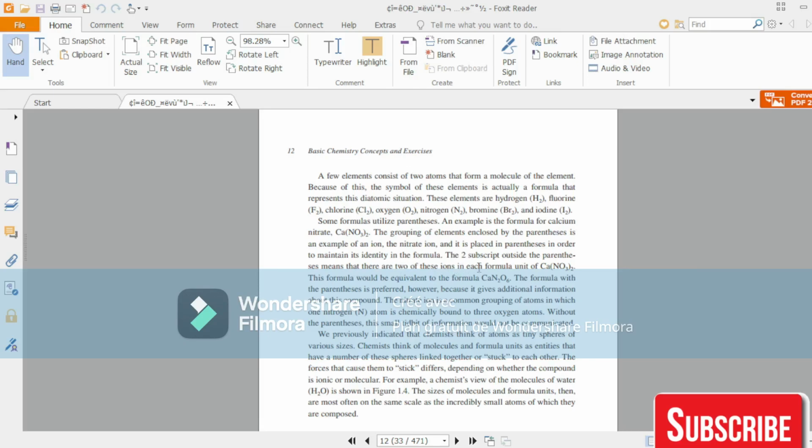The 2 subscript outside the parentheses means that there are 2 of these ions in each formula unit of Ca(NO3)2. This formula would be equivalent to the formula CaN2O6. The formula with the parentheses is preferred, however, because it gives additional information about this compound.